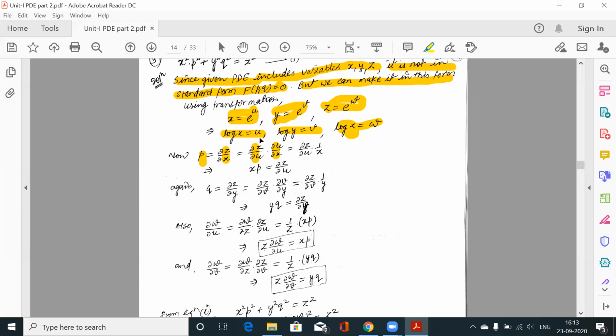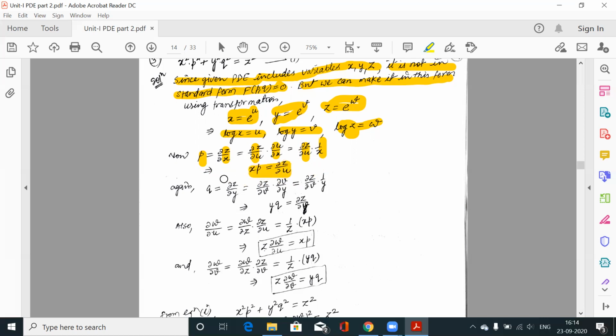And what is del u over del x? If you differentiate with respect to x, del u over del x is equal to 1 by x. So del z over del u into 1 over x. Now keeping this x on this side, x p is equal to del z over del u.